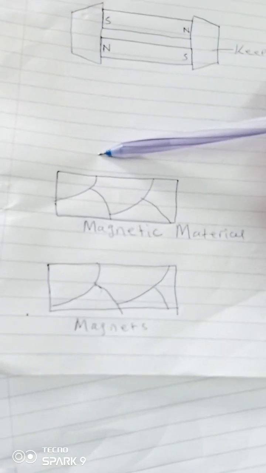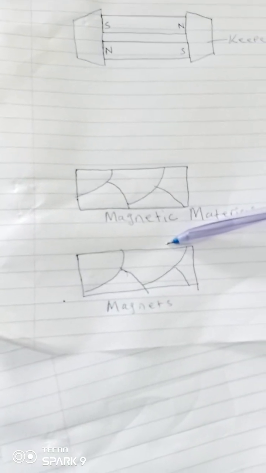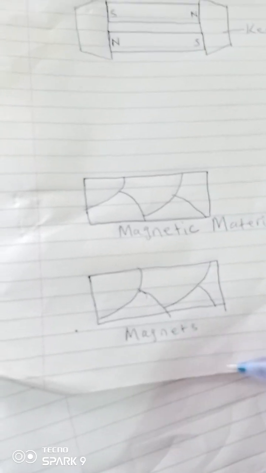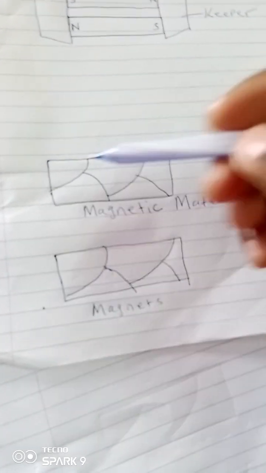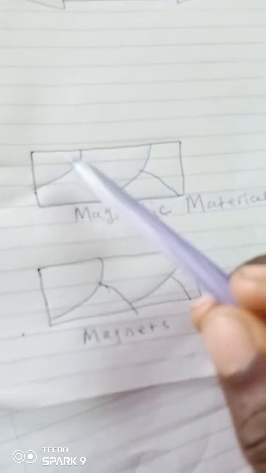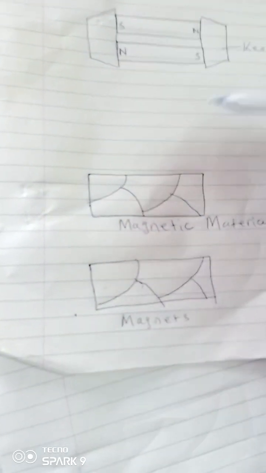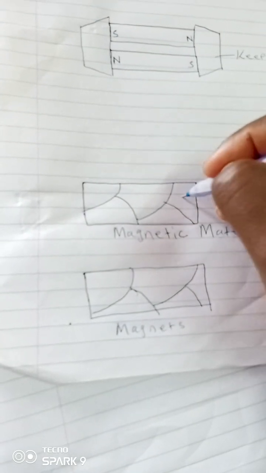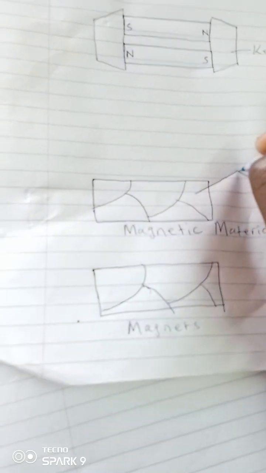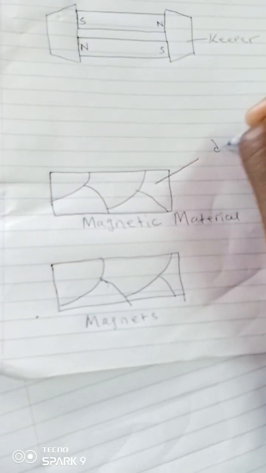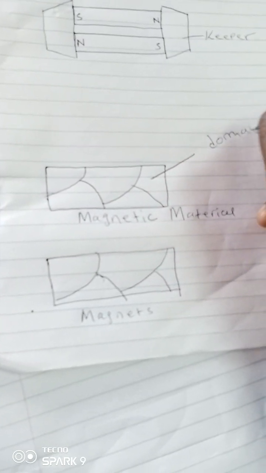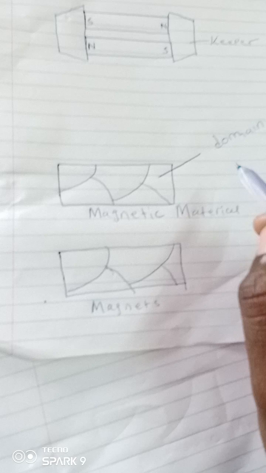Now we will talk of magnetic material and the magnets in terms of domain theory. Now, domain theory states that every material, provided it is a magnetic material, is made of sections. Unaona the way I've divided it into sections. Each section like this is called a domain.